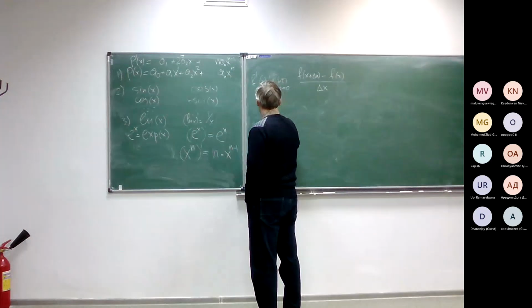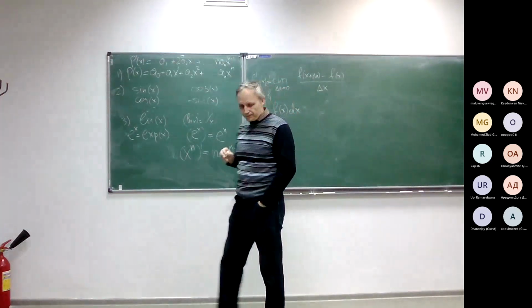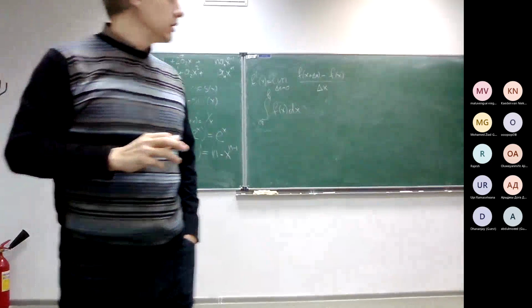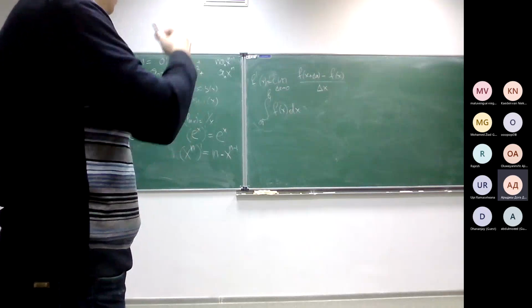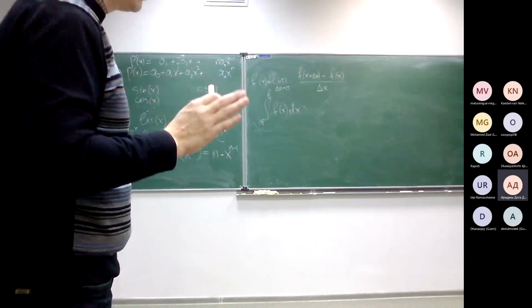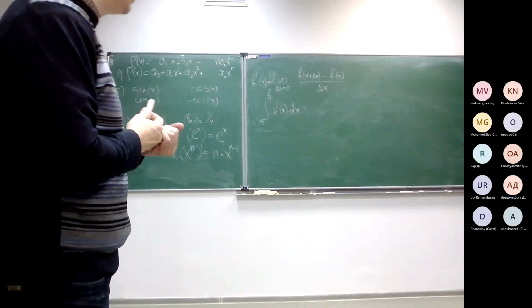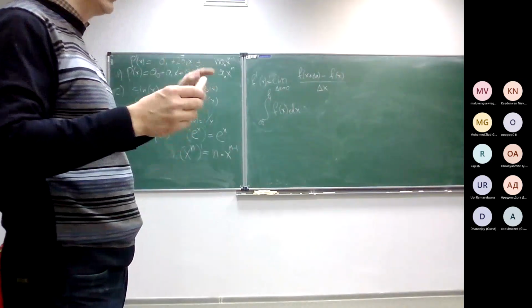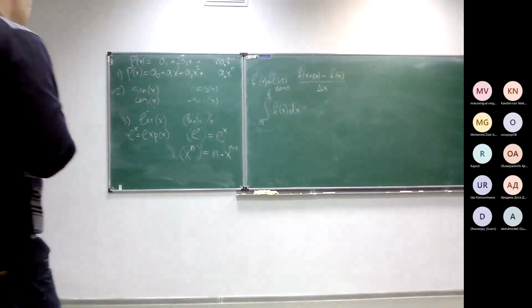Integral from a to b of f of x dx. It's related with summation, and from the geometric point of view, the integral corresponds to the area under the curve.